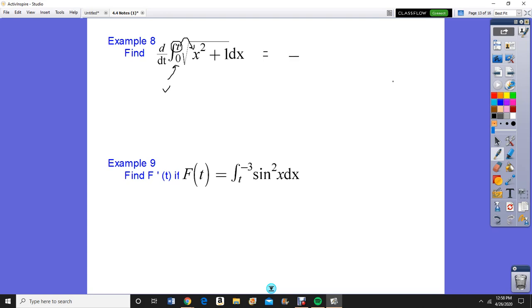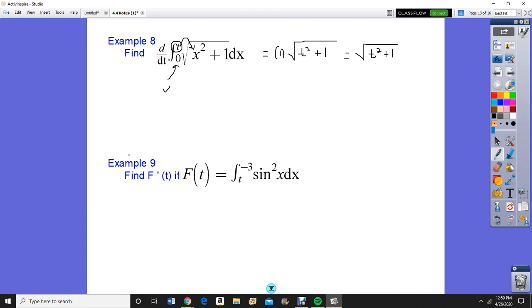So we would have the square root of t squared plus 1. And then we multiply by the derivative of t, and the derivative of t is 1, so really no need to write this value of 1. Our derivative of our integral will be the square root of the quantity t squared plus 1.